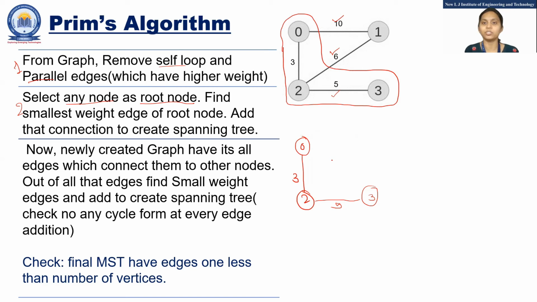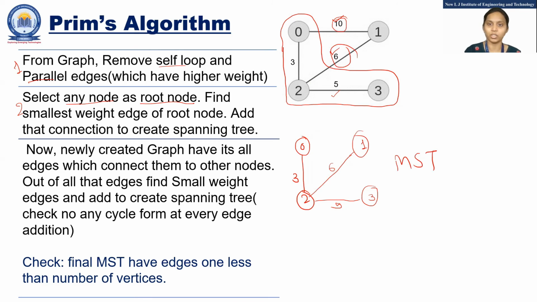So how many edges are going outside of this box? Only 2, 6 and 10. Which is minimum, 6 or 10? 6 is minimum. So in your final spanning tree, you have the edge with weight 6. So this is the minimum spanning tree. Is this fine? Good.